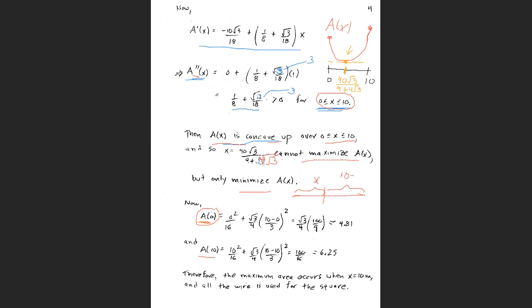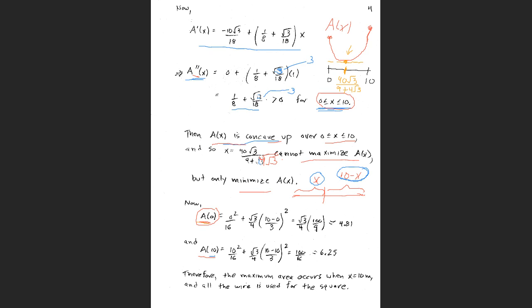So if x equals 0, then you're using all the wire to make the triangle, because 10 minus x equals 10. On the other hand, if x equals 10, then 10 minus x equals 0, and in that case you're using all the wire to construct the square.